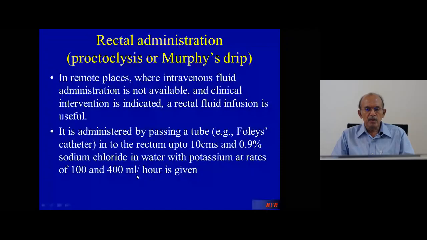It is administered by passing a tube, that is Foley's catheter, into the rectum up to 10 centimeters and 0.9% sodium chloride in water with potassium at rates of 100 to 400 ml per hour is given slowly because the colon can absorb water and electrolytes. So you take this principle to have the fluid therapy.